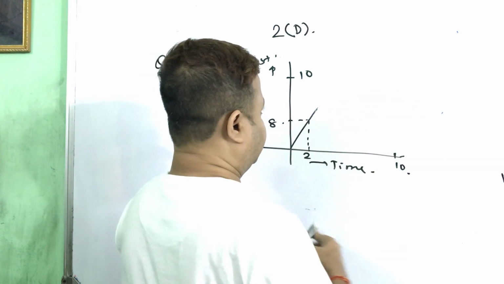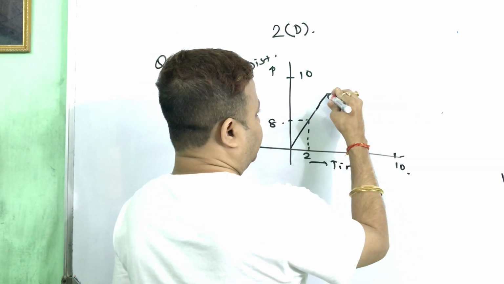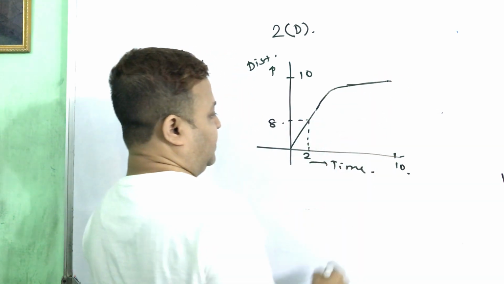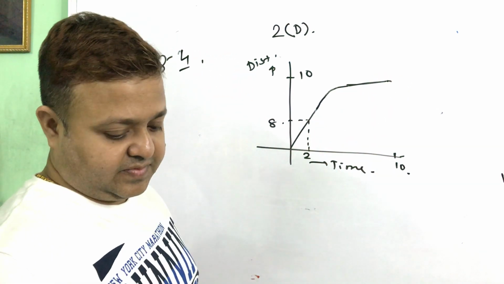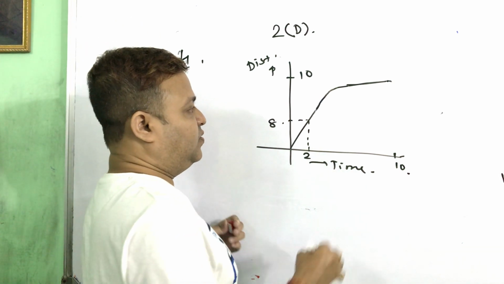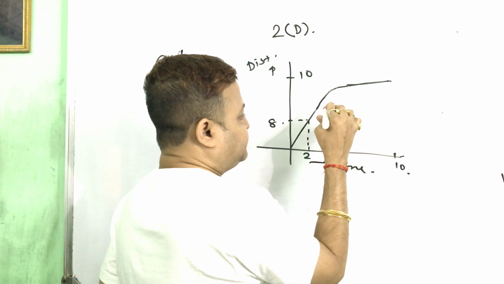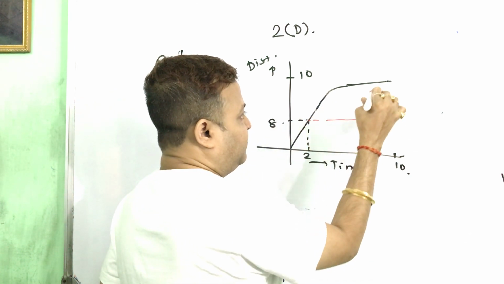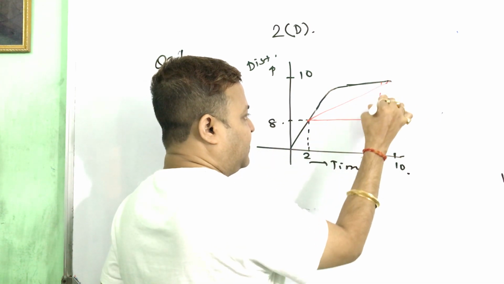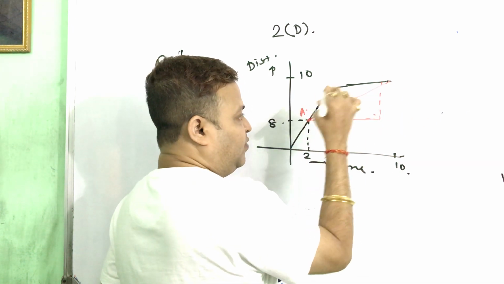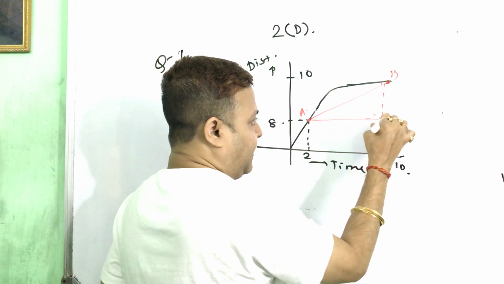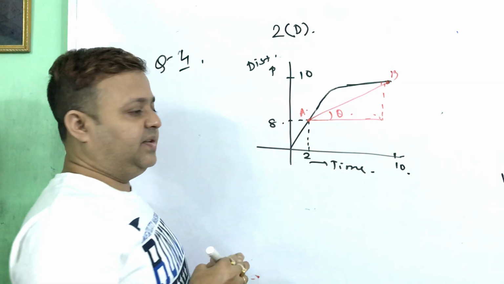Make a little correction, this will go up a bit. So between 2 to 10 means here is 2, so we join this point. This is the starting point 2, this is the ending point 10, and this angle is theta. Then we can find the slope.